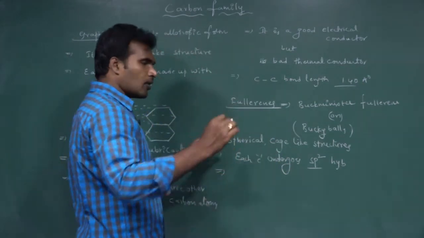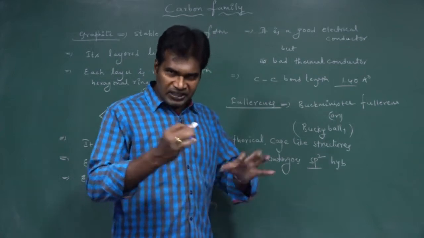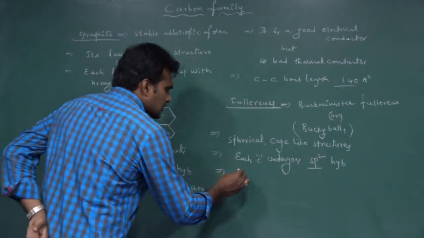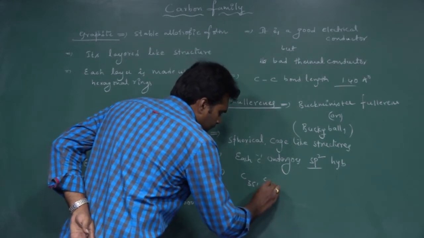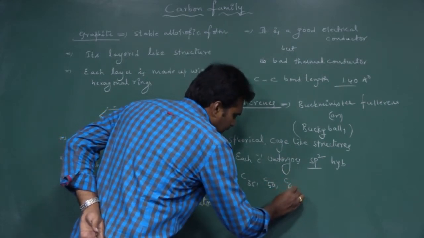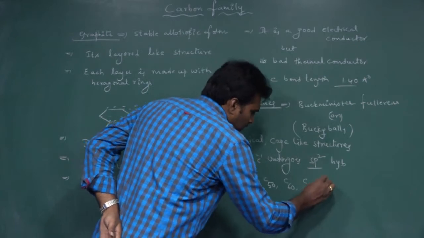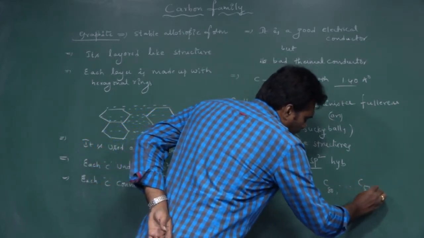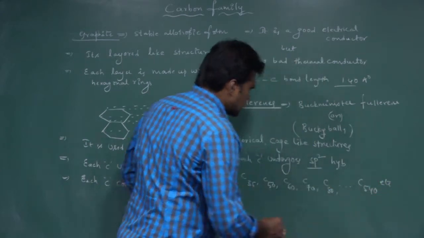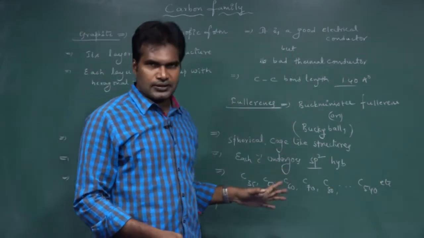Based upon the number of carbon atoms present in the buckyball, there are C35, C50, C60, C70, C80 and up to C540. Likewise, many fullerenes are present.